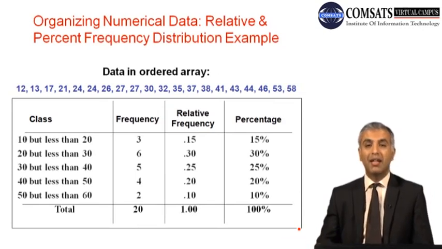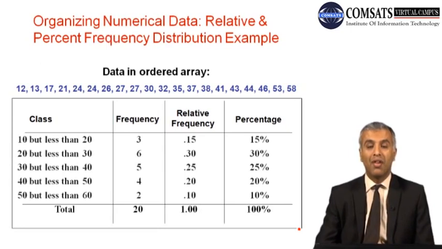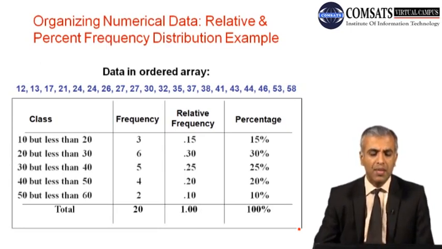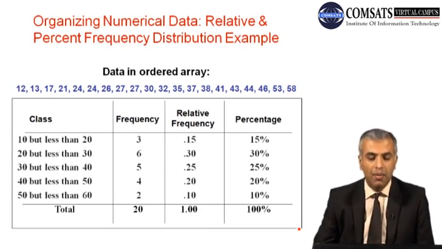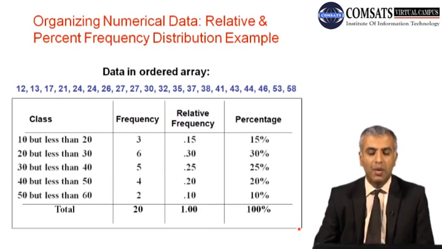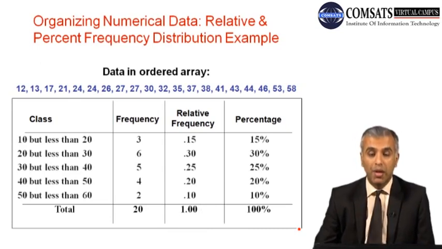Now, this same data which was displayed in the form of frequency is defined here in terms of relative frequency or percentage. In relative frequency, the only difference is that we calculate the percentage of the individual frequency in terms of the total frequency. You can see the relative frequency, without converting it into percentage, is 0.15 for the first class interval, 0.30 for the second, 0.25 for the third, and then 0.20 and 0.1.